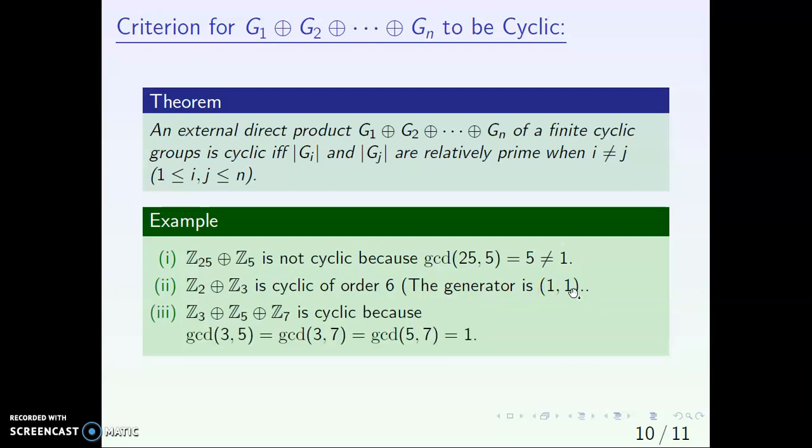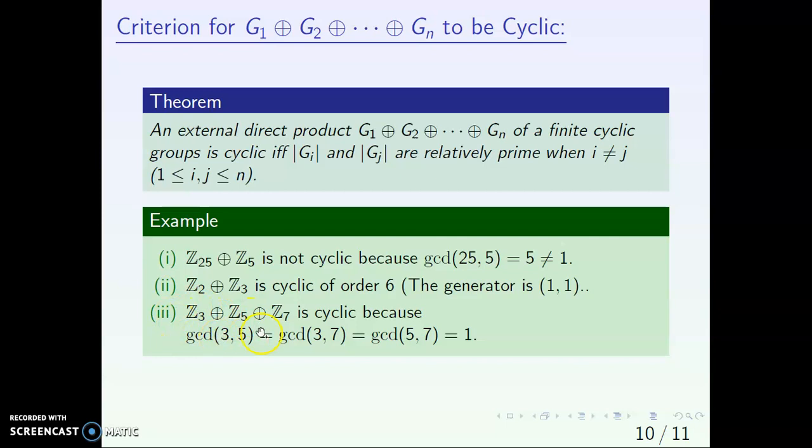Another example: Z3 ⊕ Z5 ⊕ Z7 is cyclic. Note that you have three groups. The order of Z3 is 3, the order of Z5 is 5, and 3 and 5 are relatively prime, or GCD(3,5) equals 1.